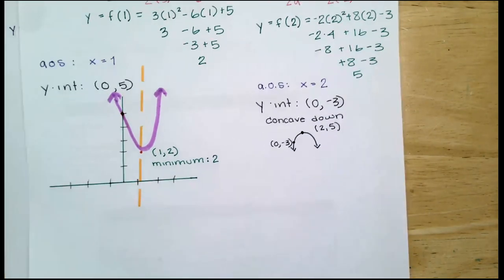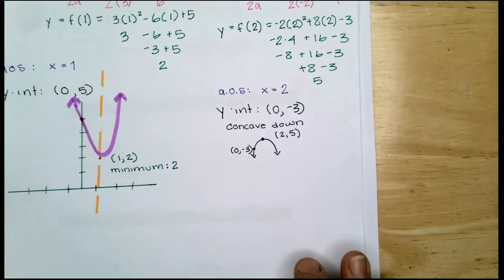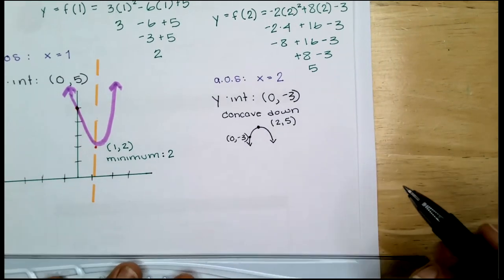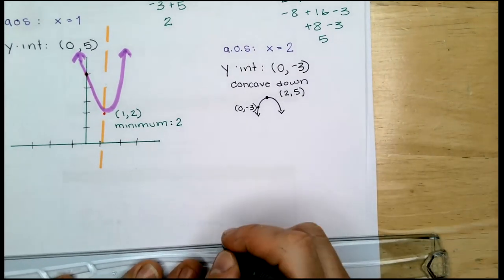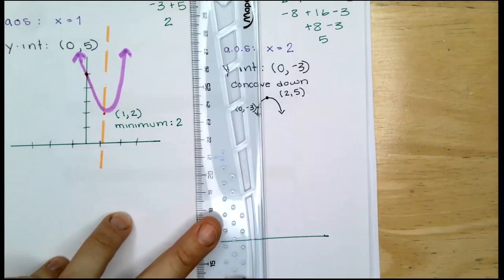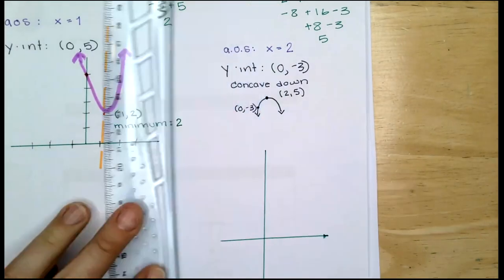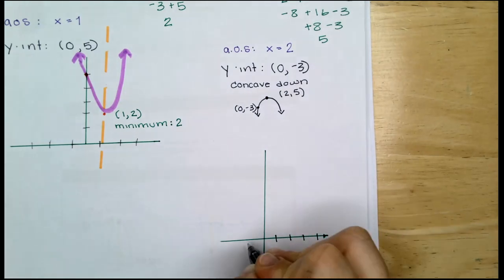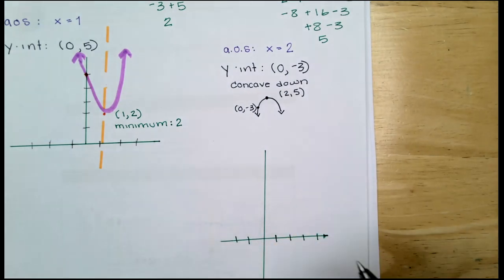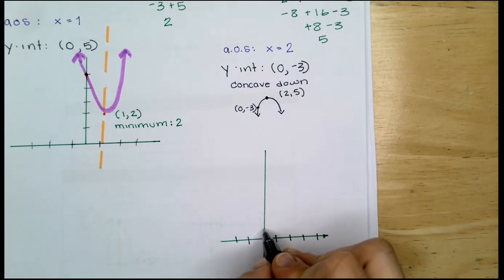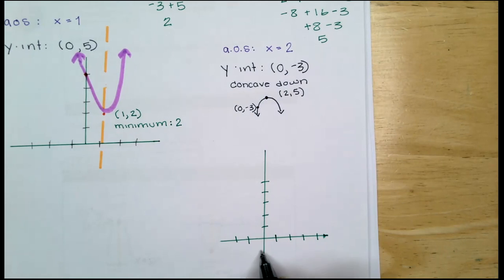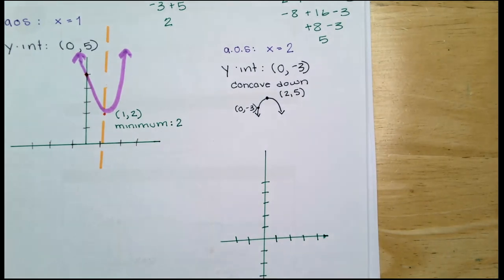So I'm just getting a vision for it before I graph it, but they've asked us to graph it. It's going to be concave down and its highest point is 2, 5. So I should probably make the whole thing. Good.